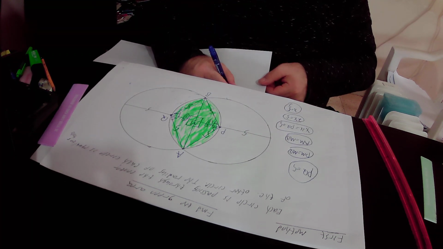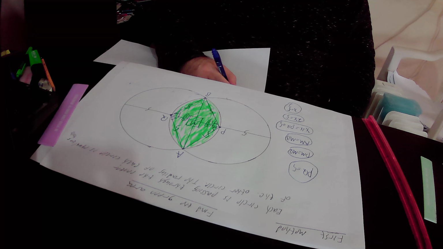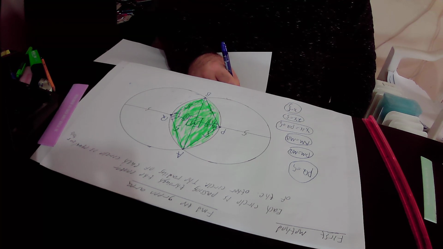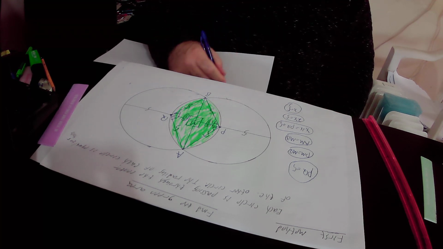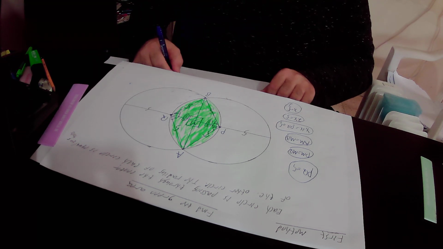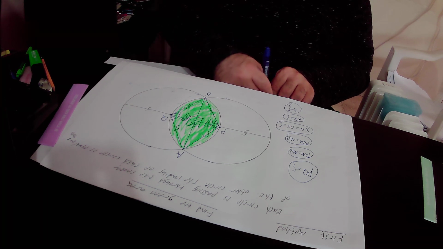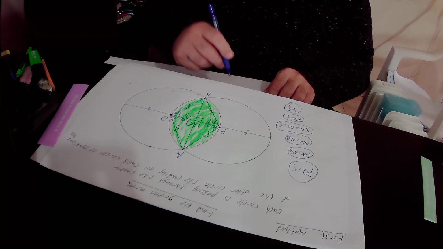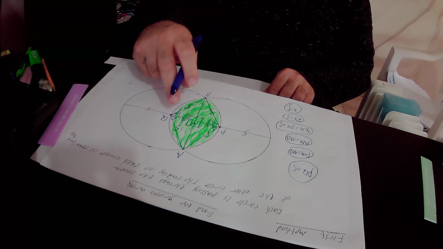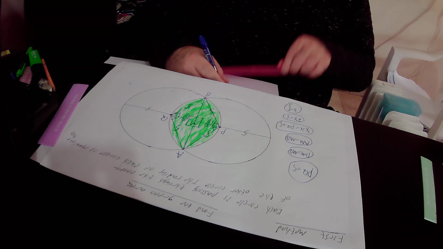And what is the area of the green shape? The area of this green shape is equal to the area of segment APB plus the area of segment AQB.